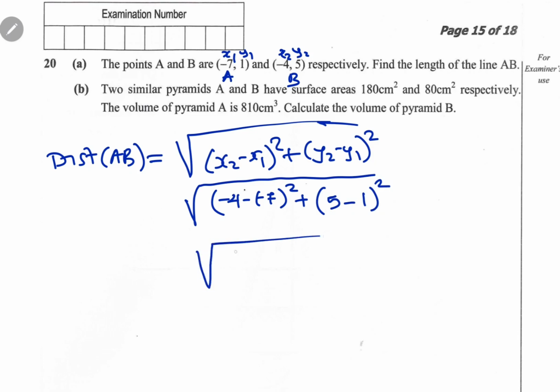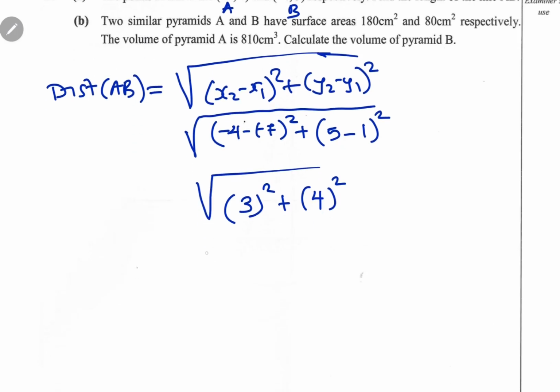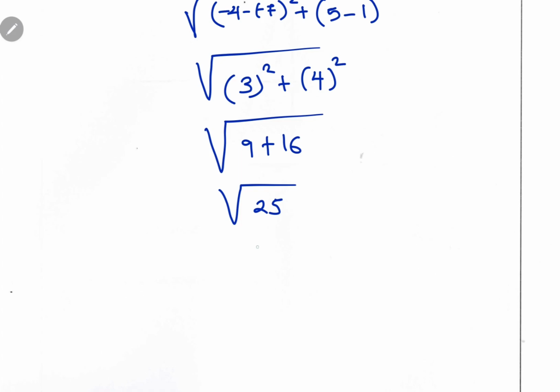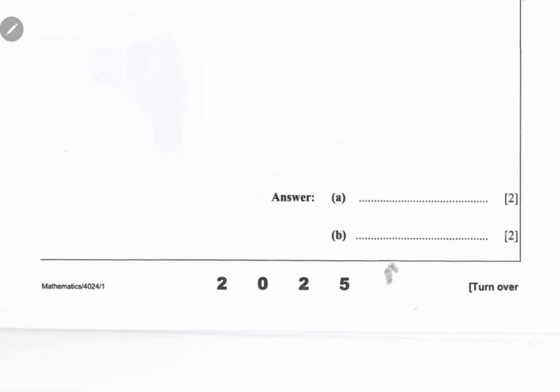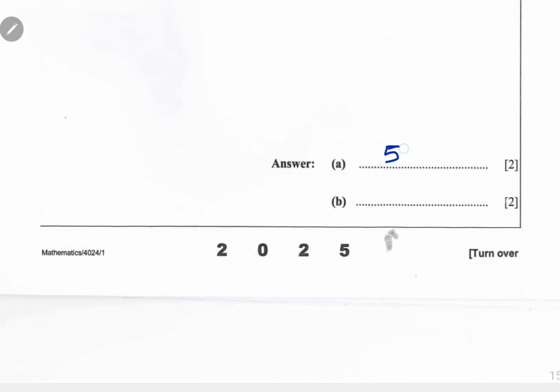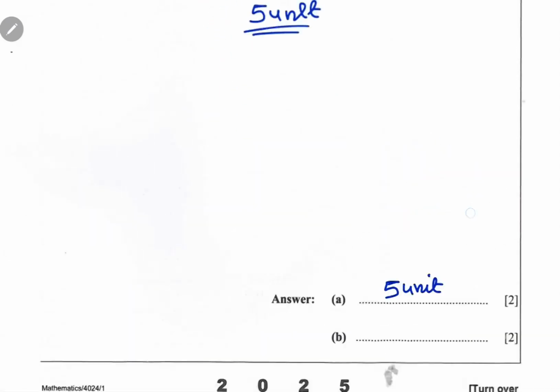Negative 4 minus negative 7 is positive, so it's the same as 3 squared, plus this is 4 squared. So we are going to have 9 plus 16, that is 25. And of course you are going to find 5 units. So that is the length.